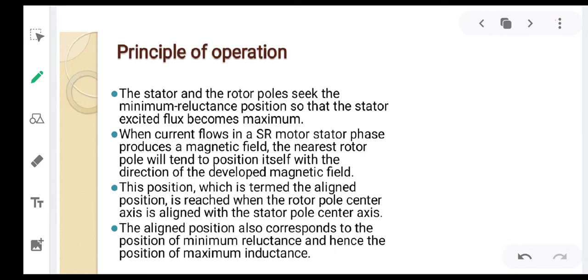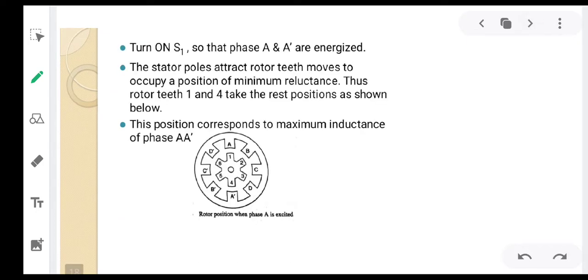The rotor will try to move to a position where the reluctance is minimum and the flux is maximum. When the reluctance is minimum, what about the inductance? The inductance is maximum. That is the basic principle behind this.